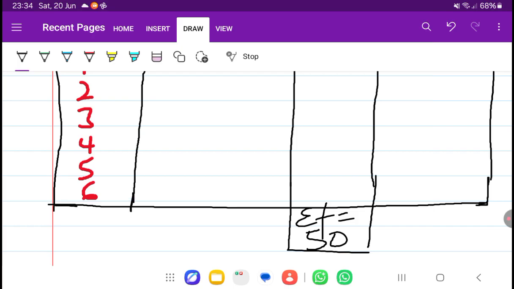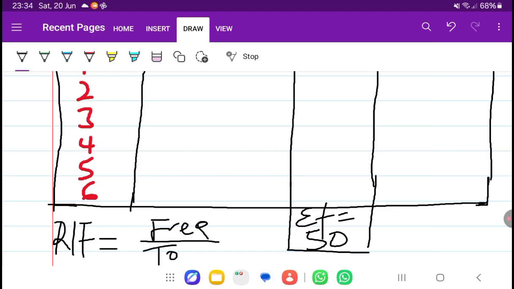And we've said that relative frequency, let me just call it RF, will be the frequency over the total frequency, which is 50, times 100. This is the formula that we are going to use to fill this last table.